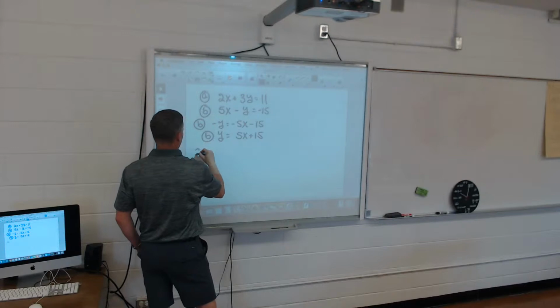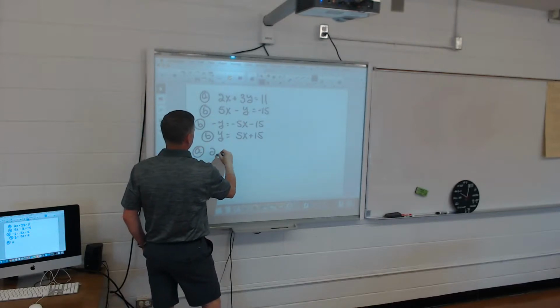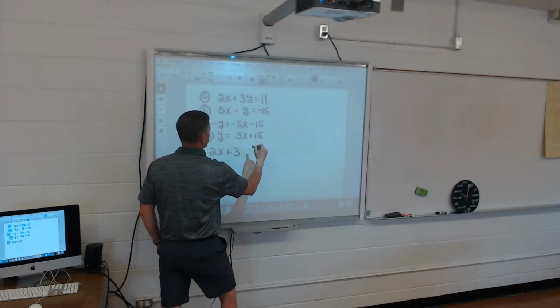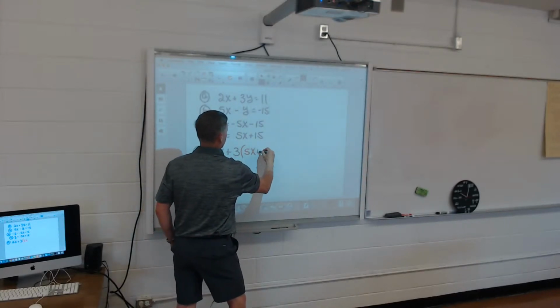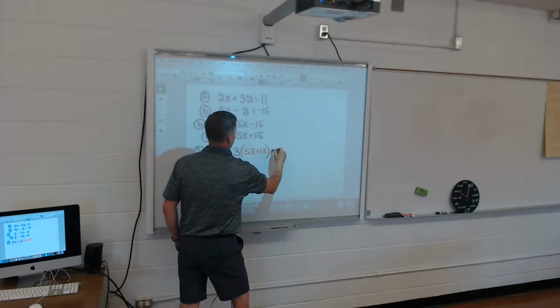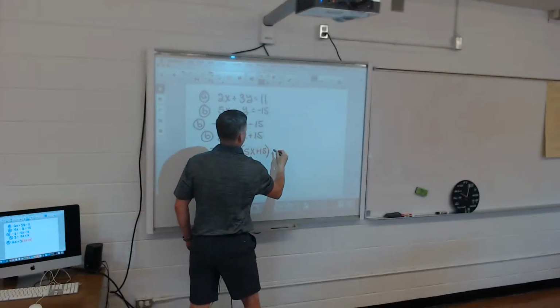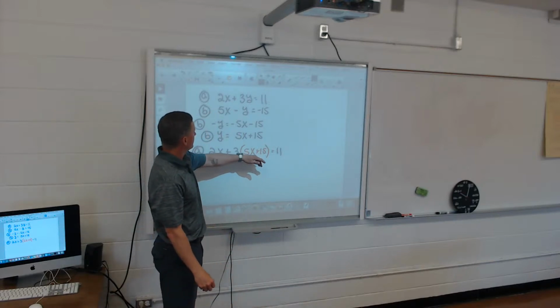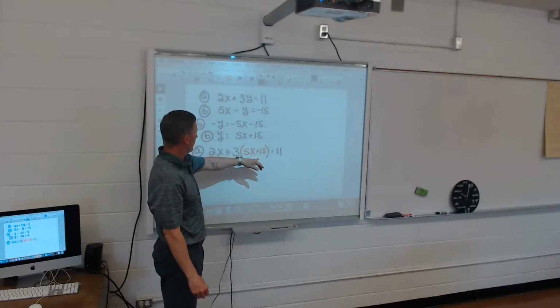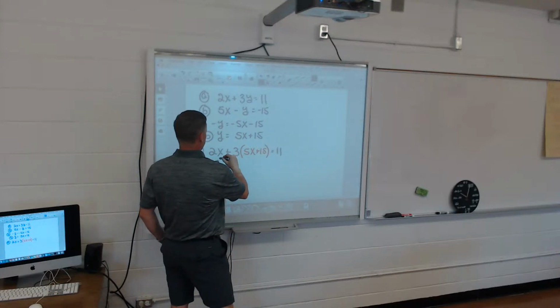Now I'm going to substitute into equation A. So I've got 2x plus 3 times y. So I substitute in for y. I put 5x plus 15 in for y here. I'm going to simplify now.